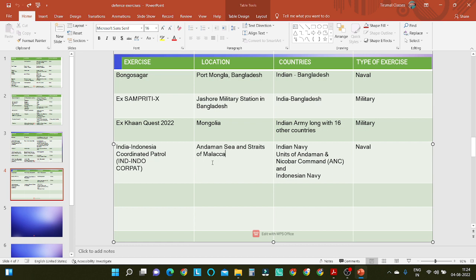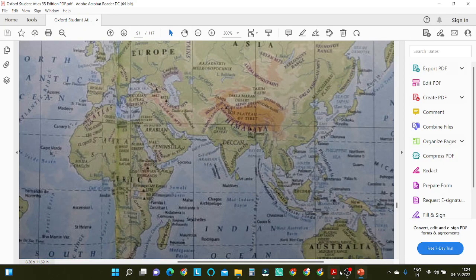And also see if there are any bilateral relations between India and Indonesia. And you should note that Indonesia is a group of islands. We have Philippines also there and other countries also like Malaysia, Singapore. So these are the very important topics to be remembered for the exam in the past 6 months of January to June 2022.